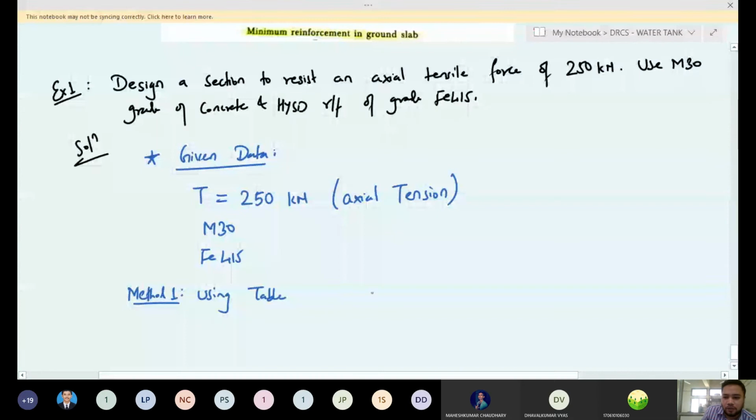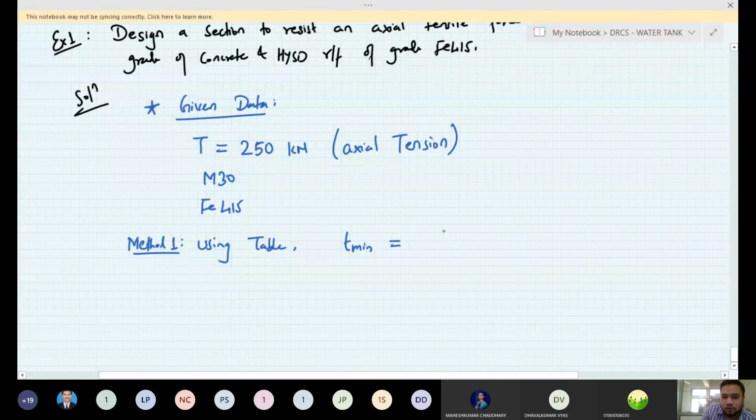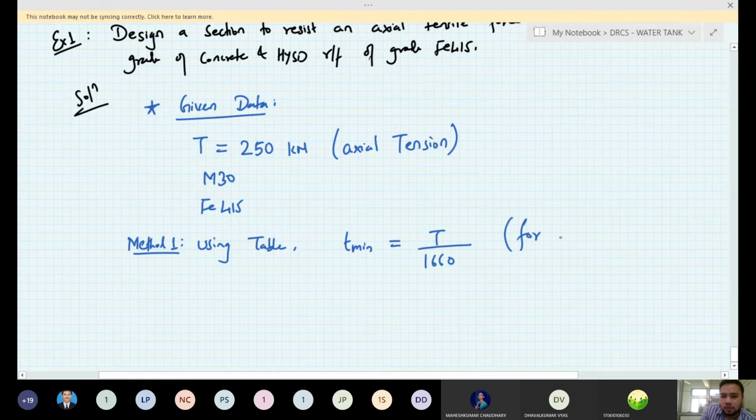Using the table, the minimum thickness T minimum is equal to tension divided by 1660. This is for M30 and Fe 415. So here the tension force is 250 into 10 to the power 3 Newton divided by 1660. So you will get the minimum thickness.